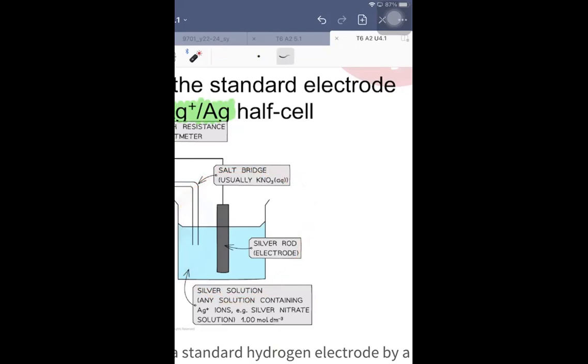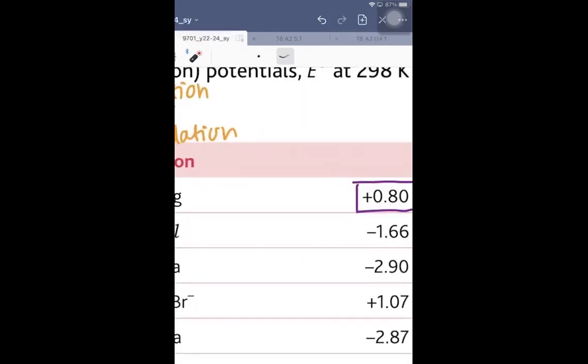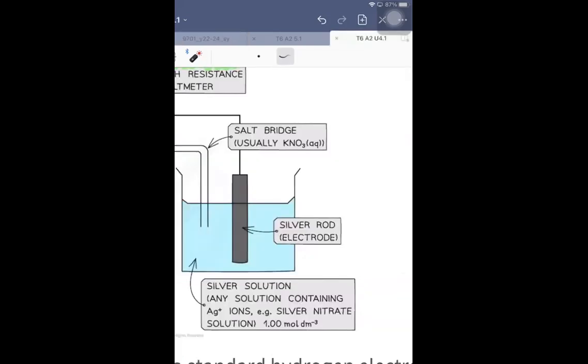Okay, let's talk about the Ag plus and Ag half cell first. If you look at the equilibrium system of Ag plus and Ag, you can see that it contains a silver species in +1, which is an ion, usually found in aqueous solution. And the other species is a silver metal, which is a solid. We need to include that in our drawing or our setup.